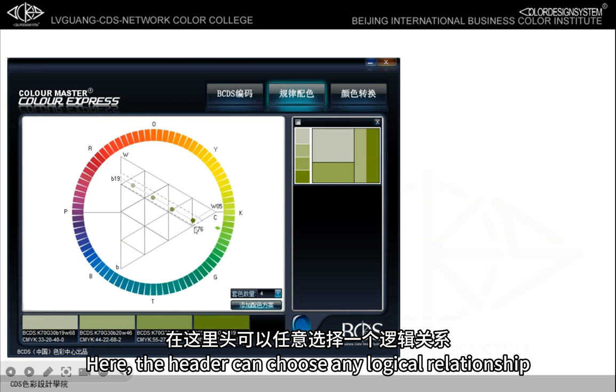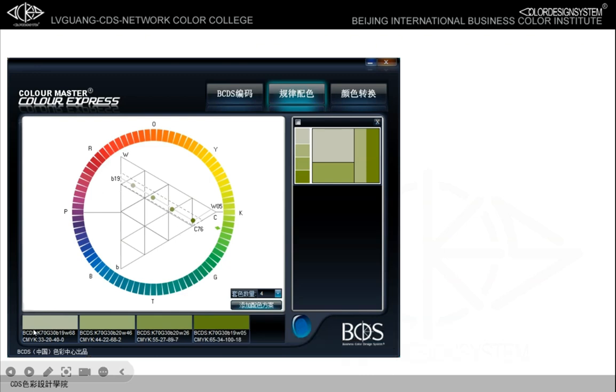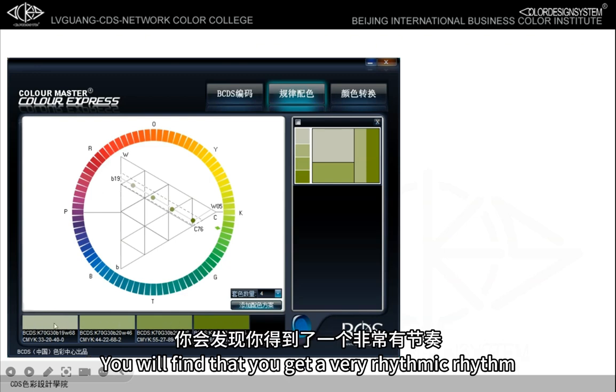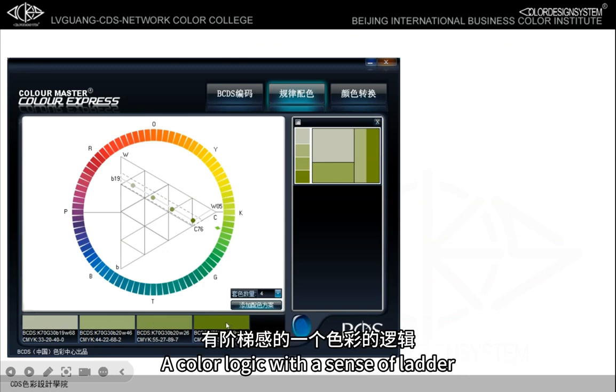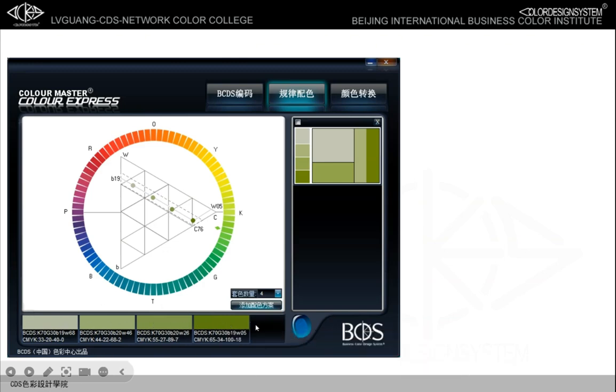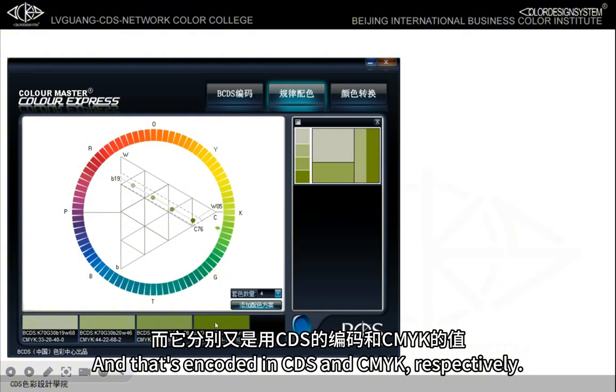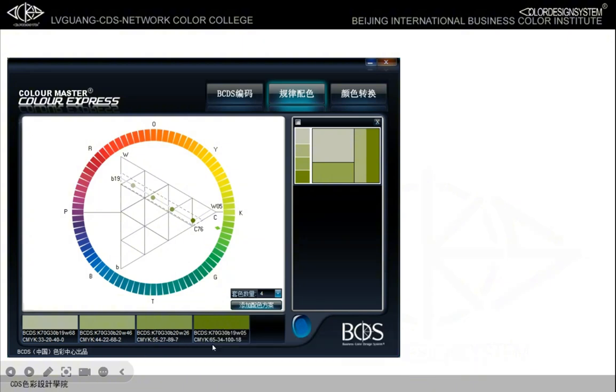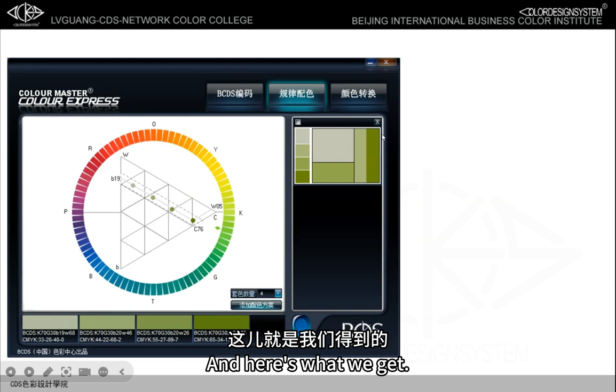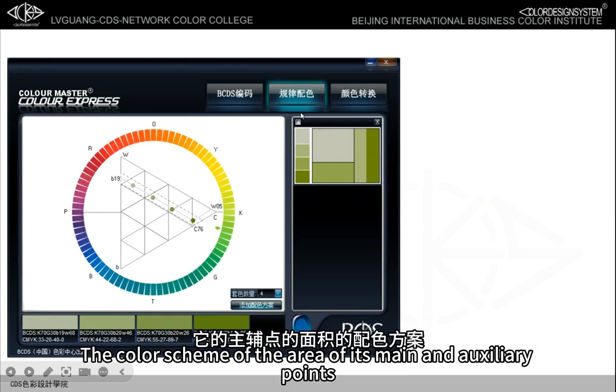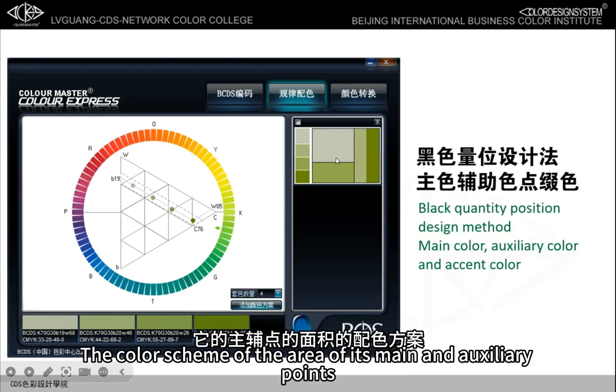Here, the header can choose any logical relationship. You will find that you get a very rhythmic color logic with a sense of ladder. That's encoded in CDS and CMYK respectively. And here's what we get: the color scheme of the area of its main and auxiliary points.